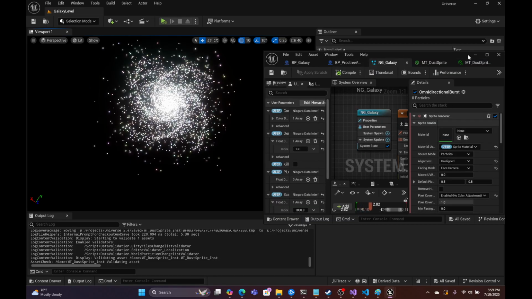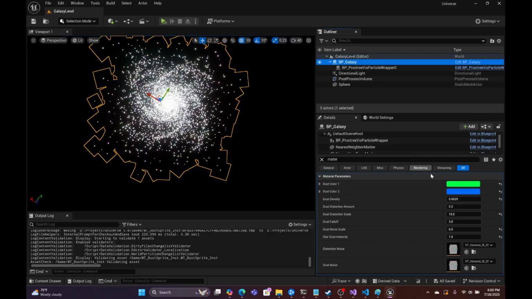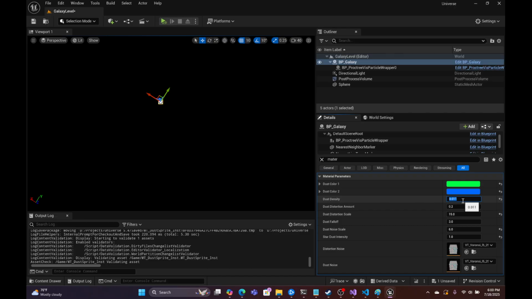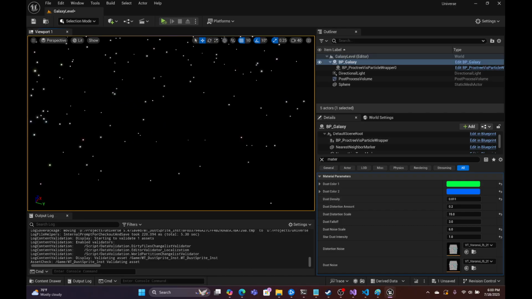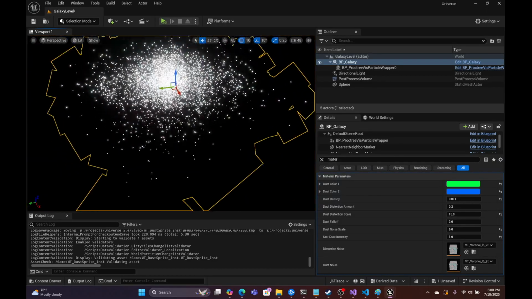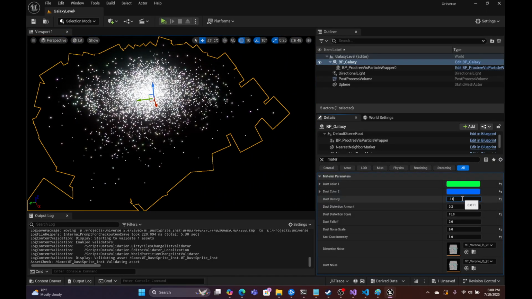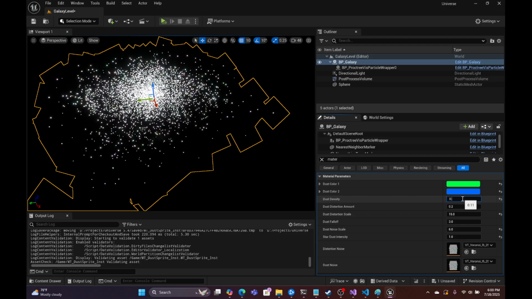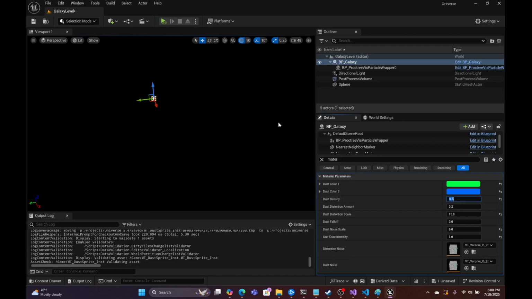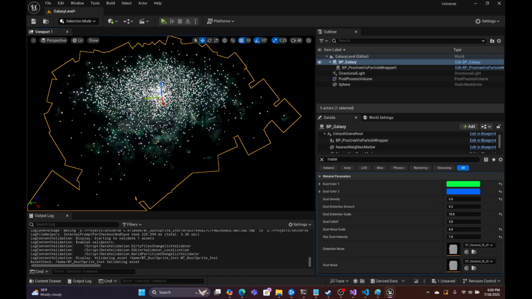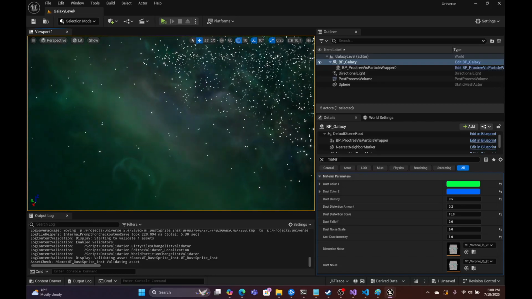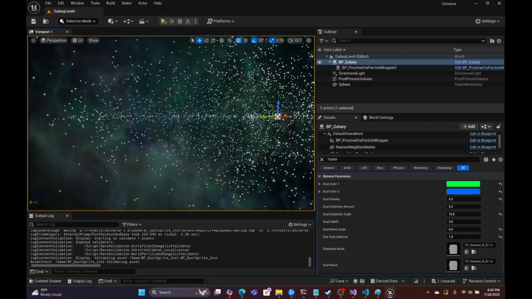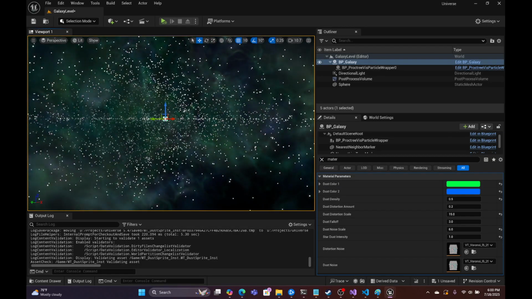And our Galaxy blueprint. There we go. But there's some fighting going on here that I gotta sort out.